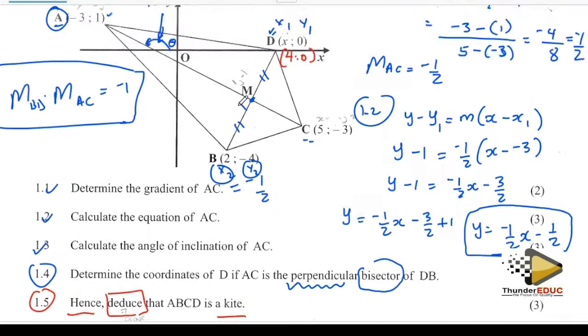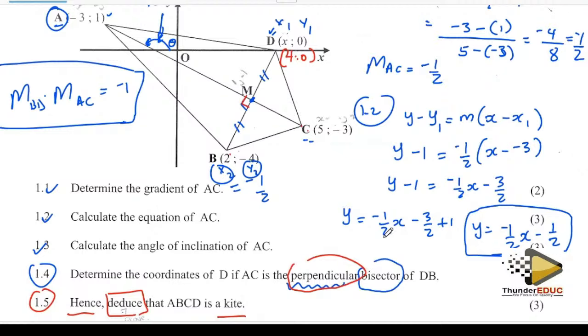Now we know from the properties of a kite that the diagonals bisect at 90 degrees. But the question has already told us that those diagonals are perpendicular to each other. So we can't use that kind of aspect.